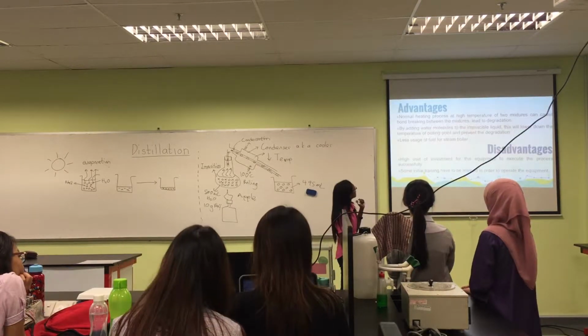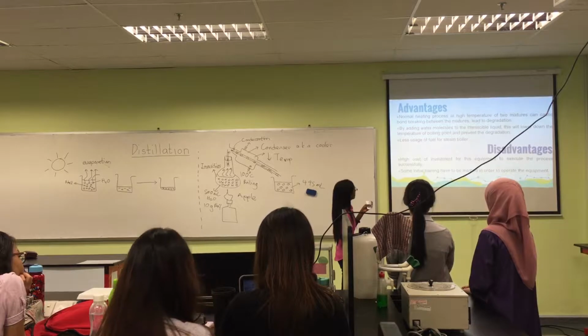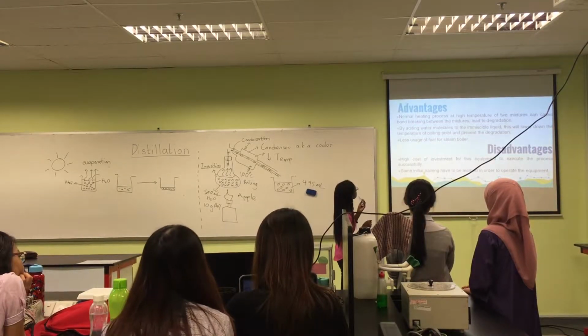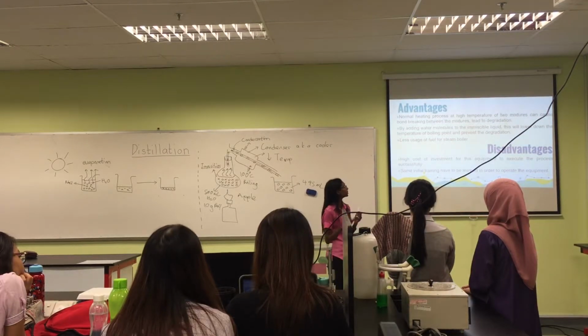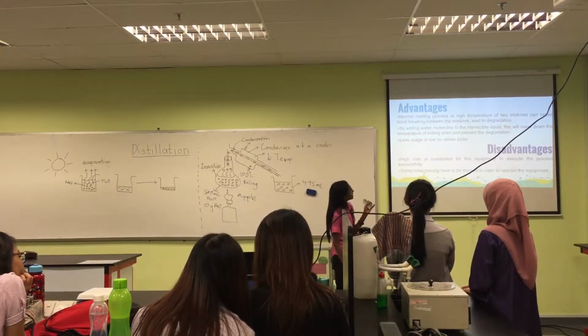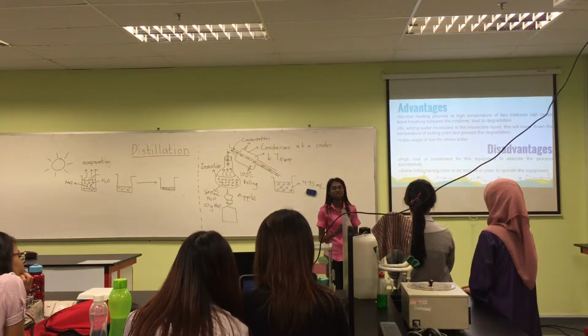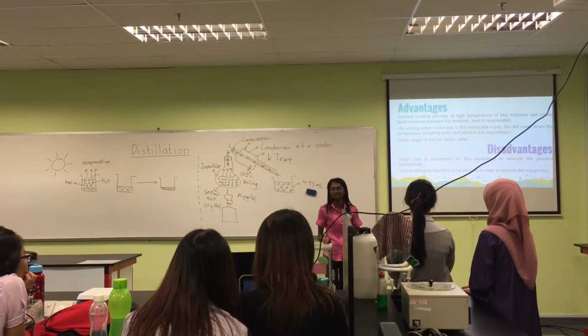Next I'll be explaining about the advantages. There are several advantages of using steam distillation. Normally if you use simple distillation, it can require a high boiling temperature, and it may cause degradation of certain substances which are heat sensitive materials.